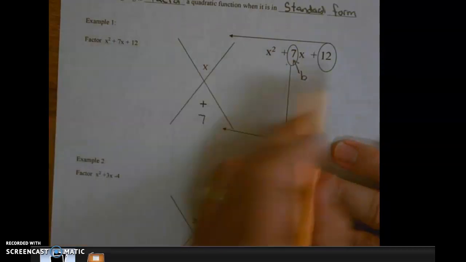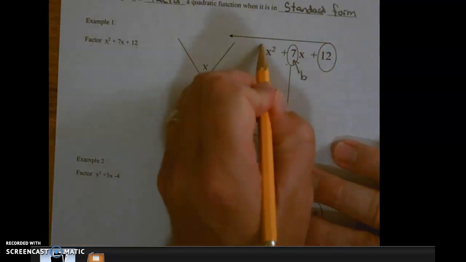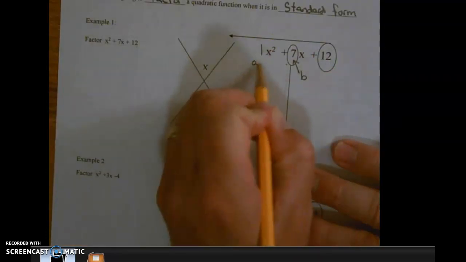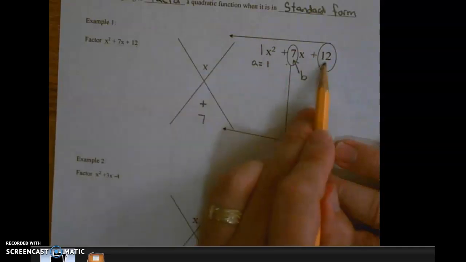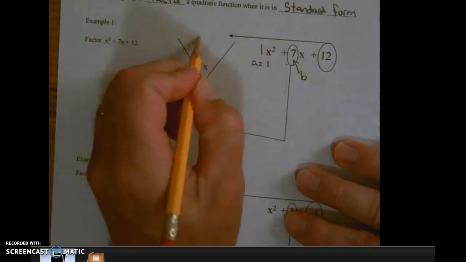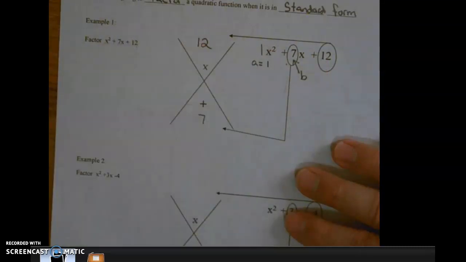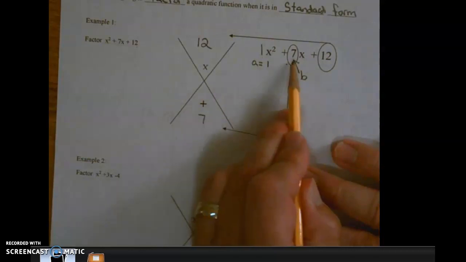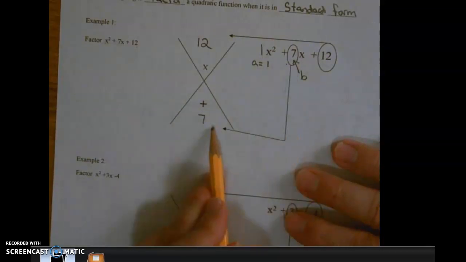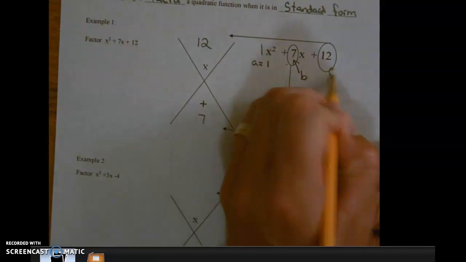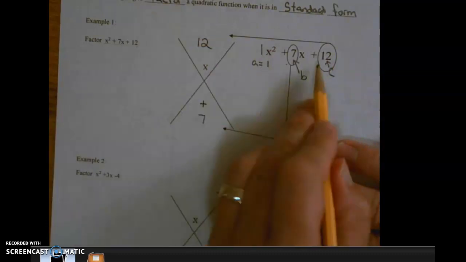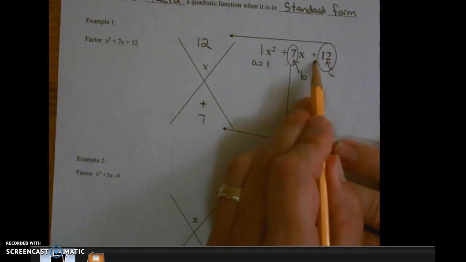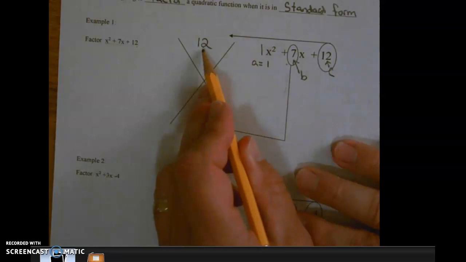And then, as long as the a value is 1, then you can just move this constant. It's a positive 12. Positive 12 moves up on top. Okay, so when a is equal to 1, the b value goes down here on the bottom of the x, and the c value, the constant, goes on top. Watch the sign. If this was a minus, then this would be negative 12.